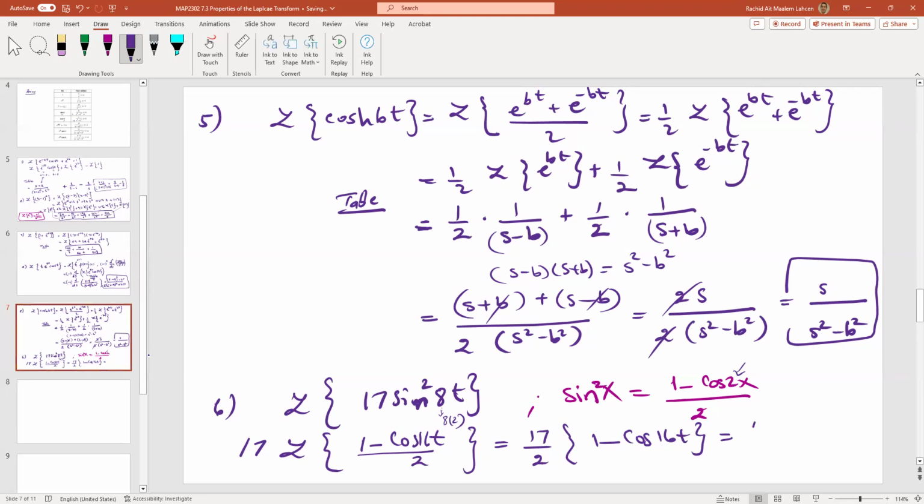So try it. You should get towards the end something like this, if you distribute 17 over 2. Doesn't matter, you can do different forms for this. But if you end up distributing, you get this type.